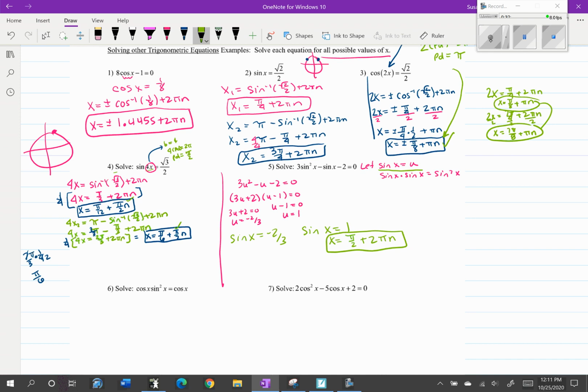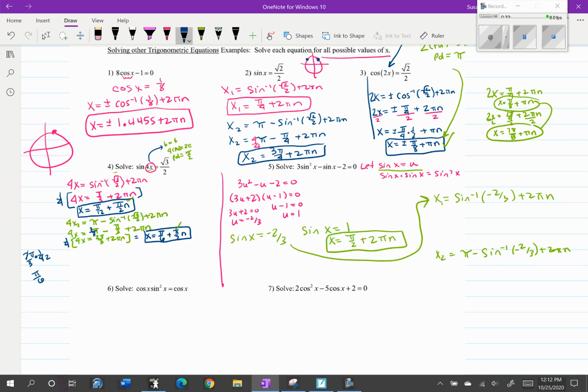So then for this one, because this is in between negative 1 and 1, we have two solutions. So to find our solutions, we're going to use our chart to help us. So x is equal to the sine inverse of negative 2/3 plus 2 pi n. And remember, the second solution would be x sub 2 is equal to pi minus the sine inverse of negative 2/3 plus 2 pi n.